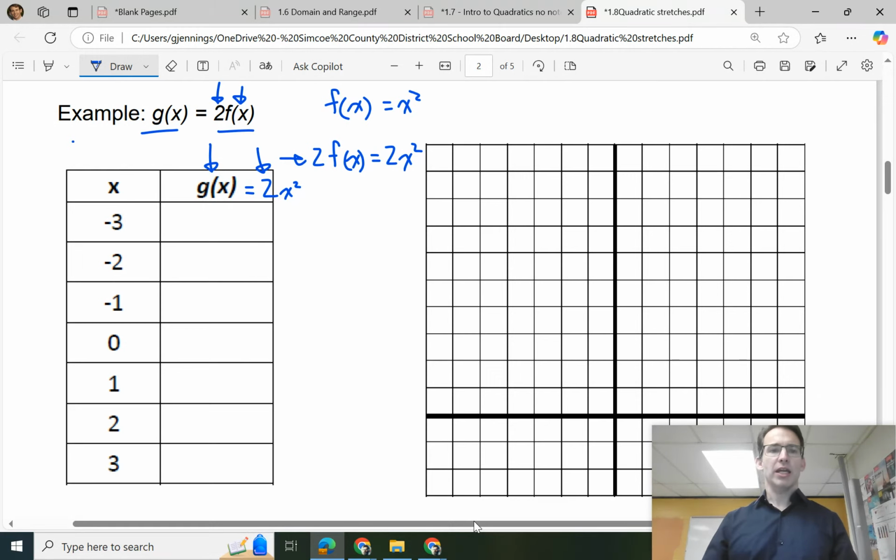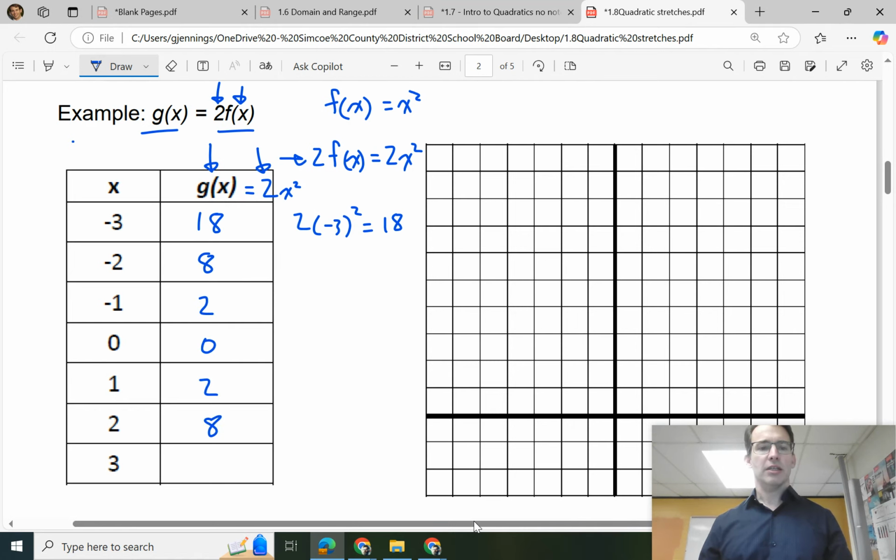So change that a value for us. All right, so when I do 2 times minus 3 and I square it, I get 18. I do my work very carefully. I've got 18, 8, 2, 0 still, 2, 8, and 18. So then I graph them. There's 0, 0. There's 1, 2.